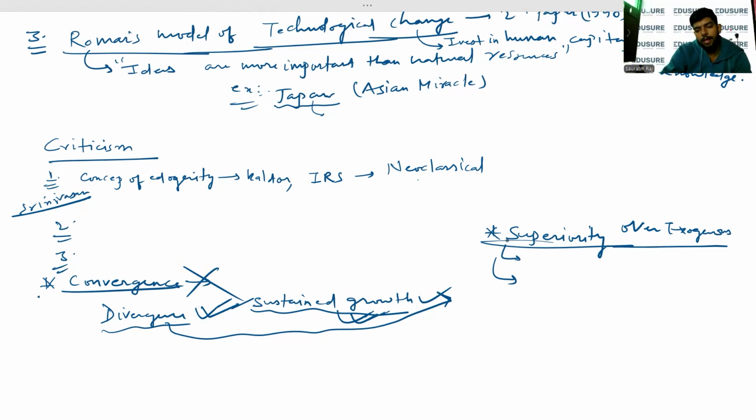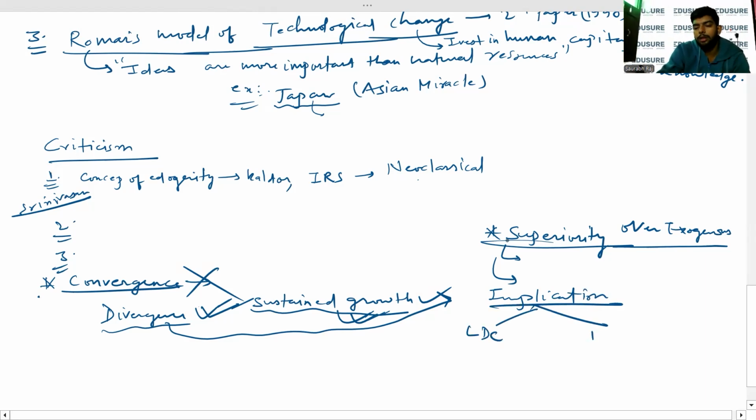Then, what are the implications for LDCs? Implication of endogenous model for both countries, lower developing countries and the developed countries. For lower developing countries, investment in human capital, that is education and health, and subsidies provided by the state.